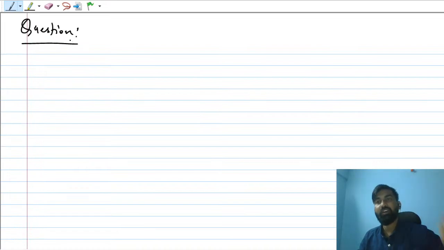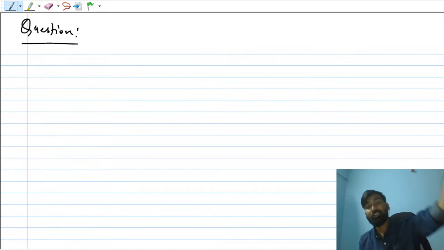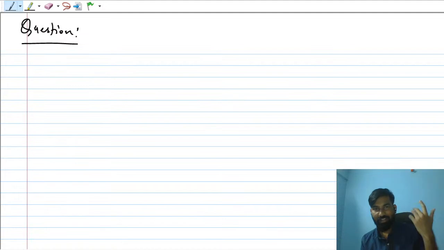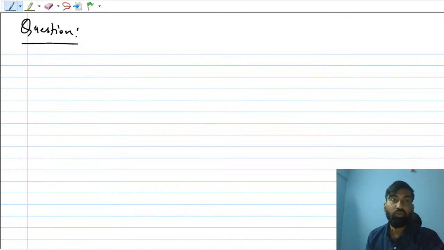Now you can start PYQ. All PYQ you can solve based on system of linear equations, right? Find the number of pivots, and if they have mentioned rank along with the system of linear equations, then find the rank, because if they have given you the rank, by any means you have to reduce that matrix to some standard echelon form, row reduced echelon form you can say, and it is very simple then.